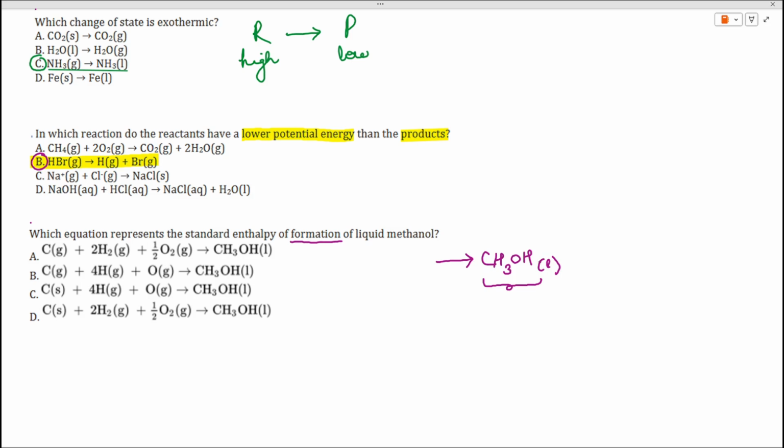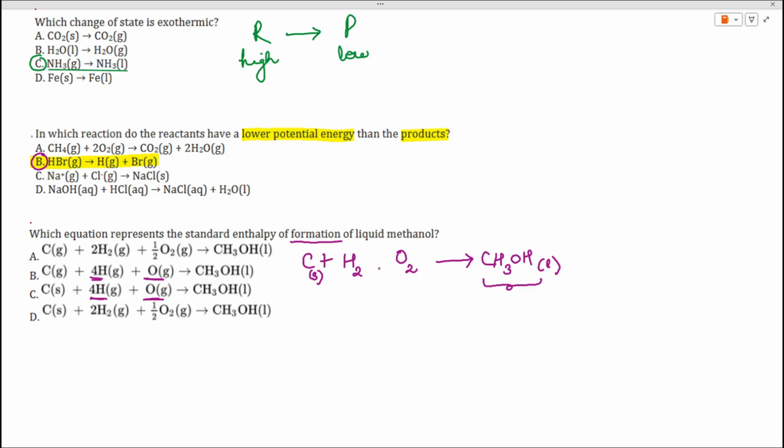So this methanol is made up of carbon, hydrogen and oxygen. So they all need to be in their elemental state. We cannot have the atomic state for oxygen or the atomic state for hydrogen. So these options are not going to work. Now, if we want to have a balanced chemical equation, carbon usually exists in solid state.